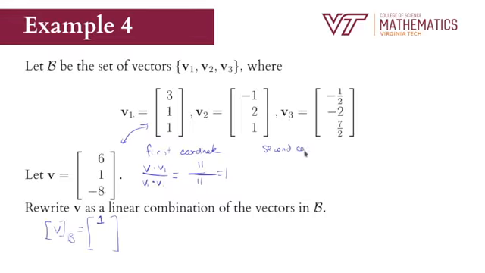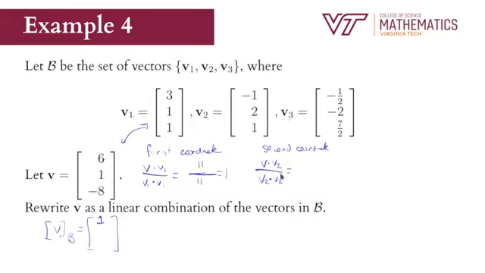So for the second coordinate, that's v dot v2 over v2 dot v2. So this time we're taking this vector and this vector and dot producting them together. So that's going to be negative 6 plus 2 is negative 4.